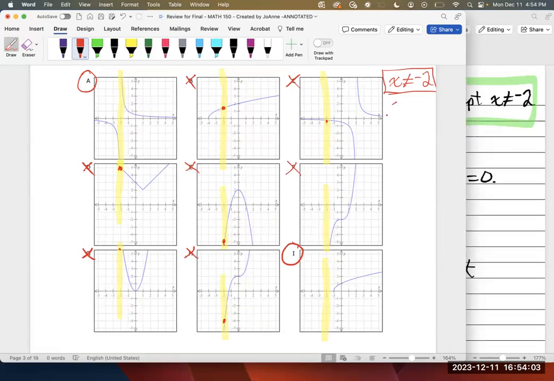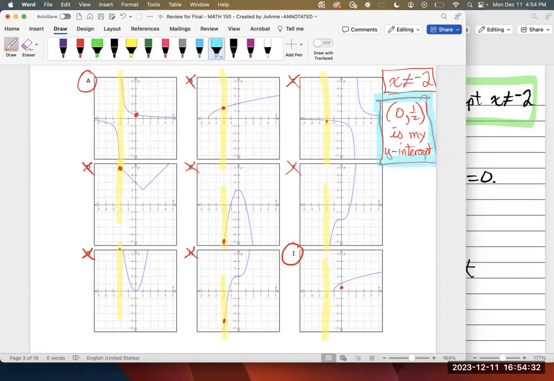Now I also know the point x is 0 and y is 1/2 is my y-intercept. So which of these two graphs has the point 0, 1/2? Well, 0, 1/2 would be right there, and 0, 1/2 would be right there.